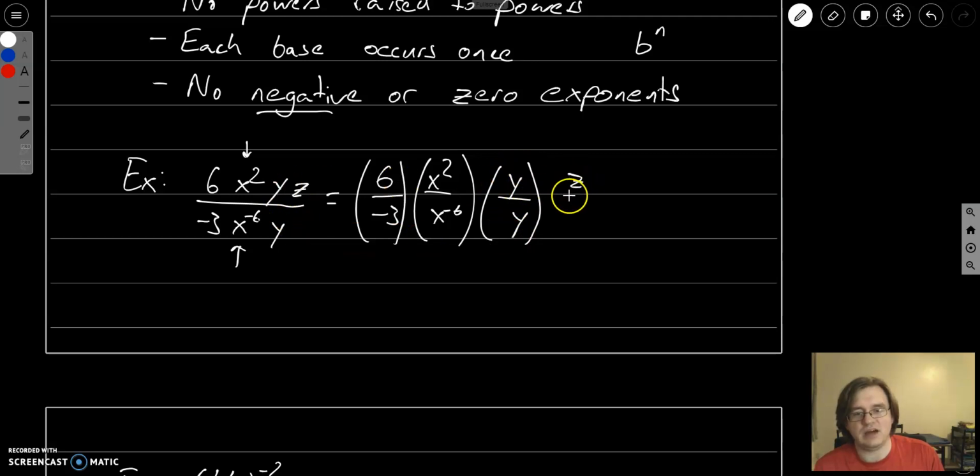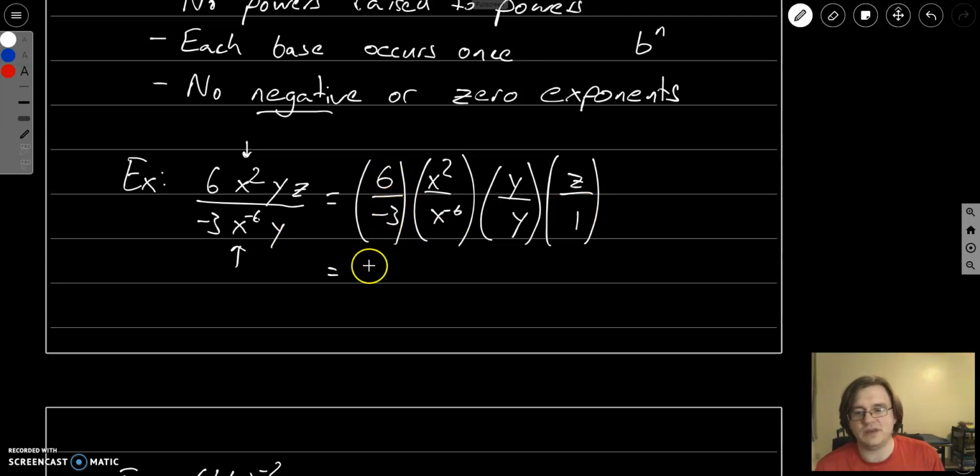All of the z's on top and all of the z's on the bottom. There aren't any z's on the bottom, so we just write z divided by 1 here. And if you take all of the numerators and multiply them together, we get what we started with. And if you take all the denominators and multiply them together, we get what we started with. This means we're on the right track. So let's start simplifying this.